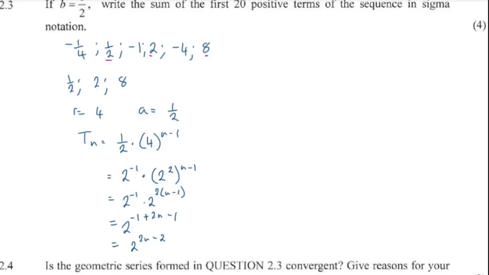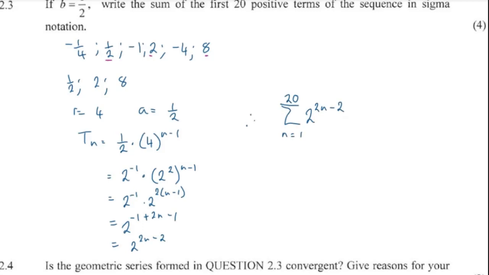Now in sigma notation, we're summing from n equals 1 up to 20 of 2 to the power of 2n minus 2. That's all we are needed to do.